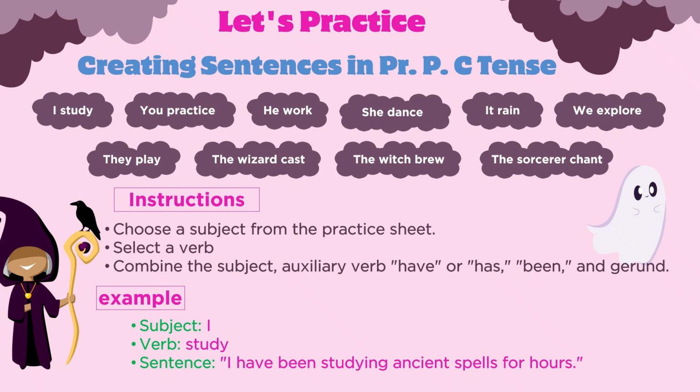Now make the sentence: I have been studying ancient spell for hours. Or you can also make the sentence: I have been studying ancient spell since morning. So it is your choice whether you use for or since in the sentence.